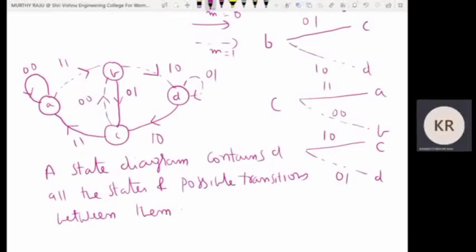The second one is also completed. Next, the C bit is also completed. Next one is the D bit, that is to draw the code tree.